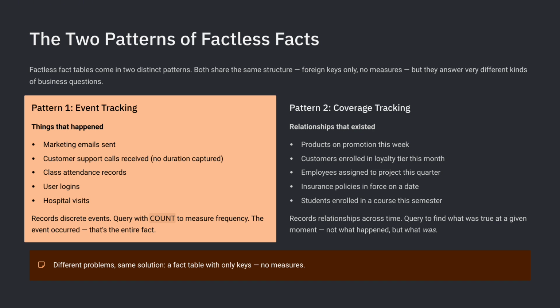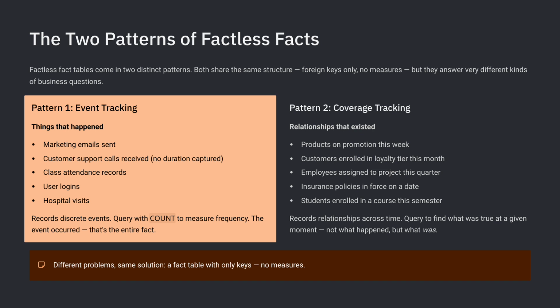The second pattern on the right is coverage tracking. These factless facts record the relationships that exist over time, not discrete events. The classic example is which products were on promotion this week. Each row represents a true statement about a relationship. Product 4521 was on promotion during the week of January 13th.